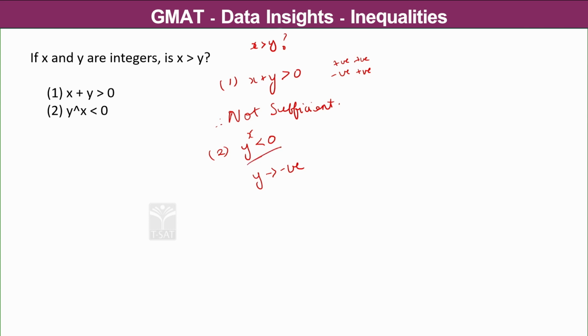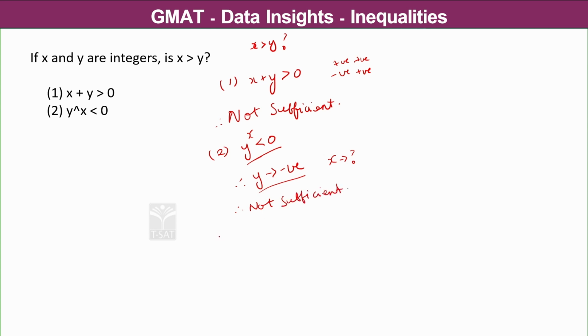Therefore, if y to the power of x is less than 0, y should definitely be negative. So, we know this, but we do not know anything about what x is. x can be positive or negative, it cannot be 0. Therefore, this alone is not sufficient to answer the question.